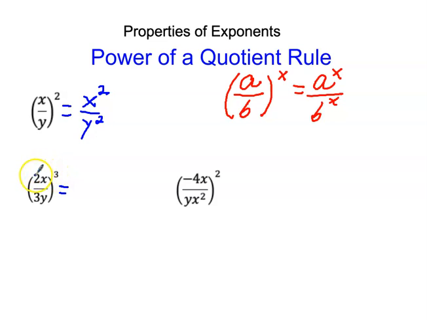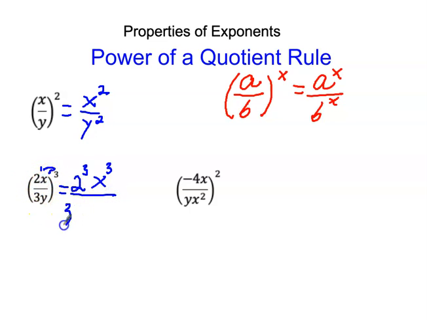So in this case, you have to look at the number 2 as 2 to the first power. There is an invisible 1, right? So what we're going to do is distribute the exponent with the 1. So we have 2 to the 1 times 3 is 3. So 2 cubed x cubed. So we're raising the 3 to every single term in parentheses.